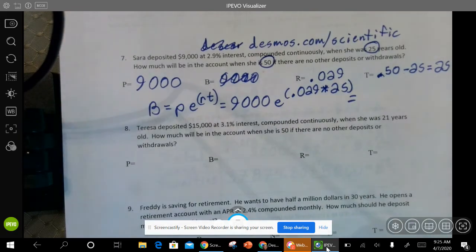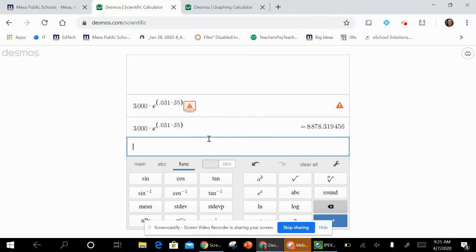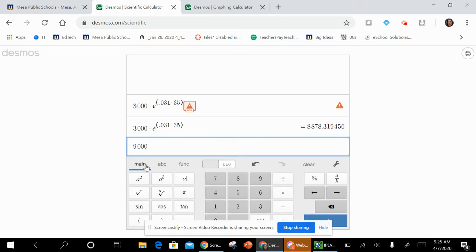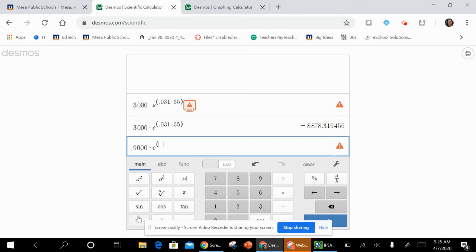Okay, so when you do this, everybody, do this on decimals. So 9,000 times, so I do times, go to function, E, I go back to the main, I do parentheses, 0.029 times 25 years, close the parentheses, and we get our answer.